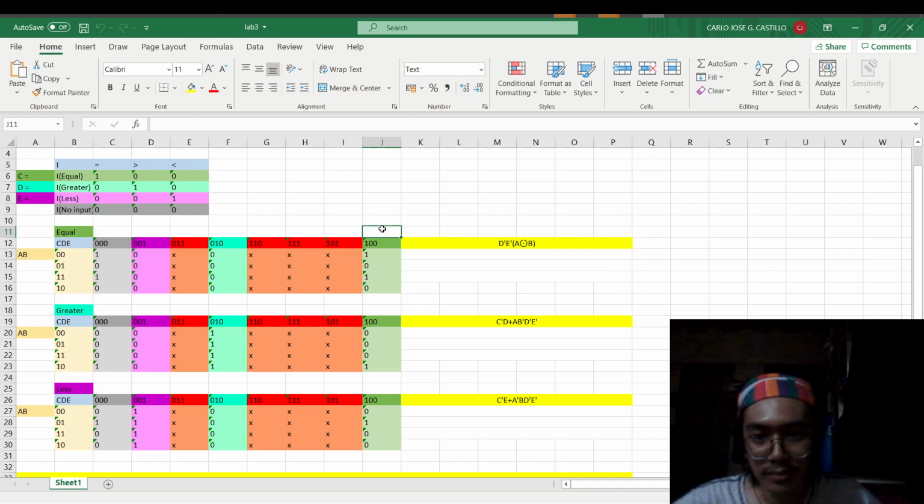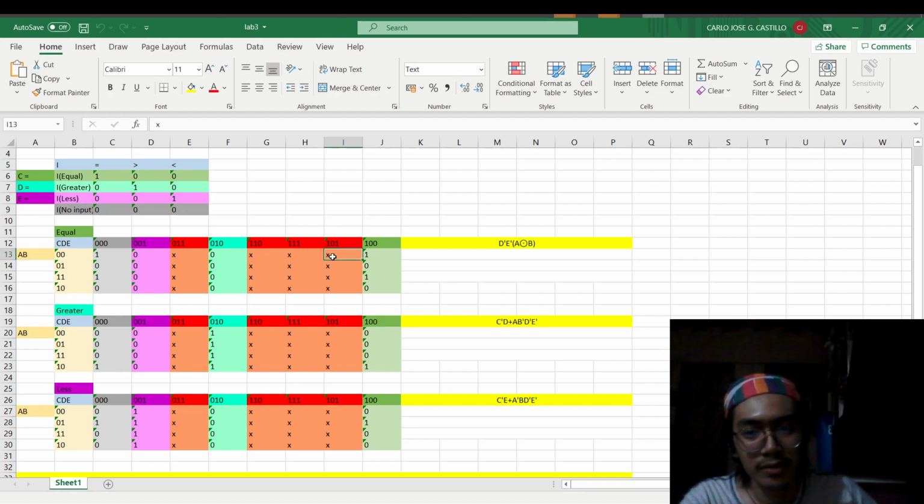As you can see right here, every column is color-coded, and the red ones are the don't cares, where this combination does not actually happen, because in the logic of a comparator, we only have one true value for the output.